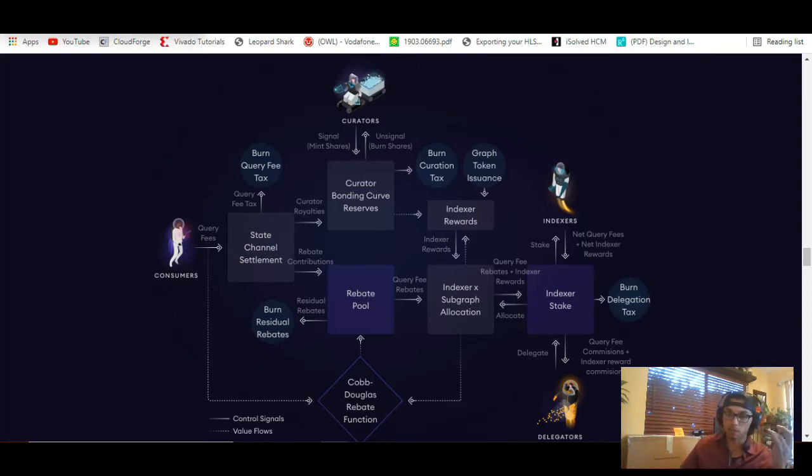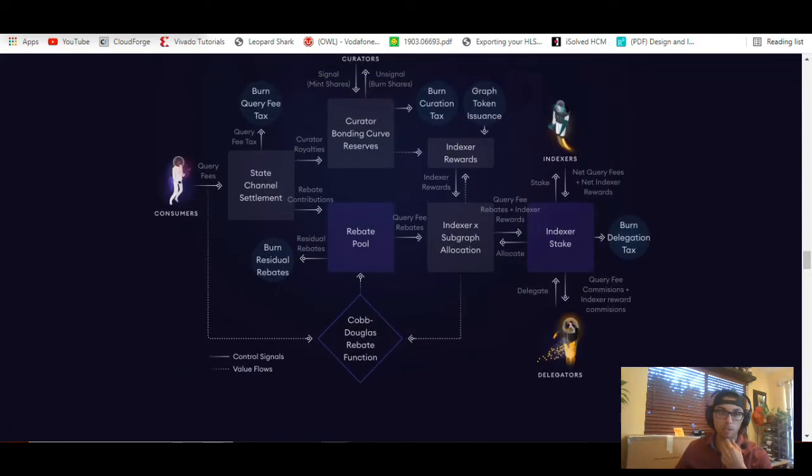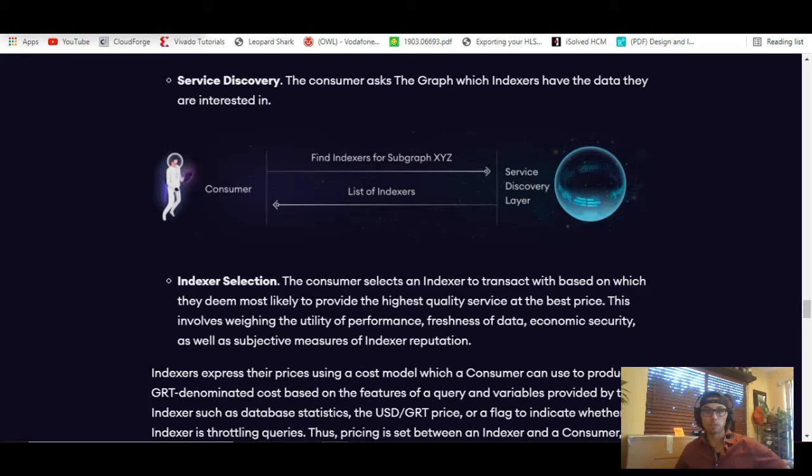If you're a delegator, you want to pick a fast, efficient indexer, one that's reliable, one that's always correct. And then they burn some delegation tax. So all this is the high-level functionality supporting this transaction between the consumer and the indexer. This is just showing what I was explaining before.